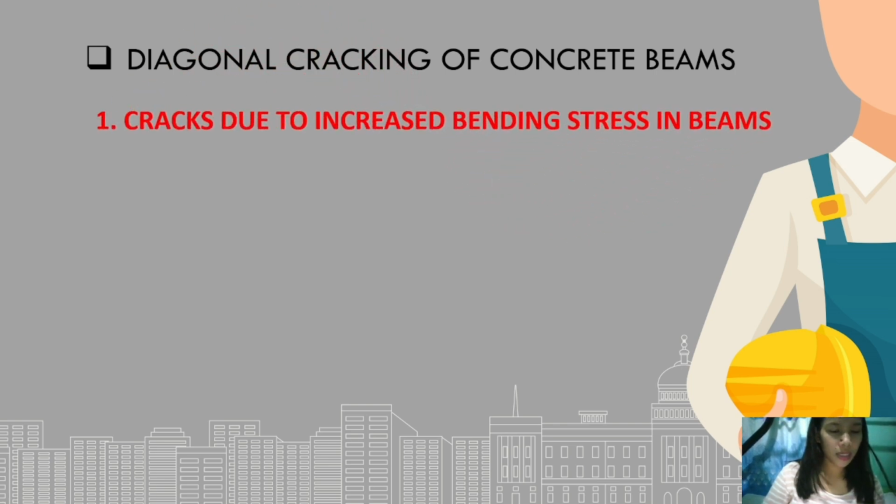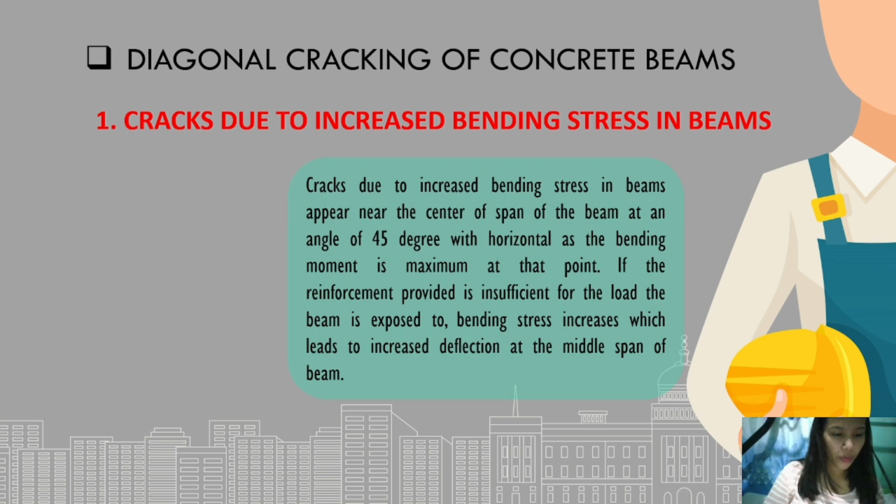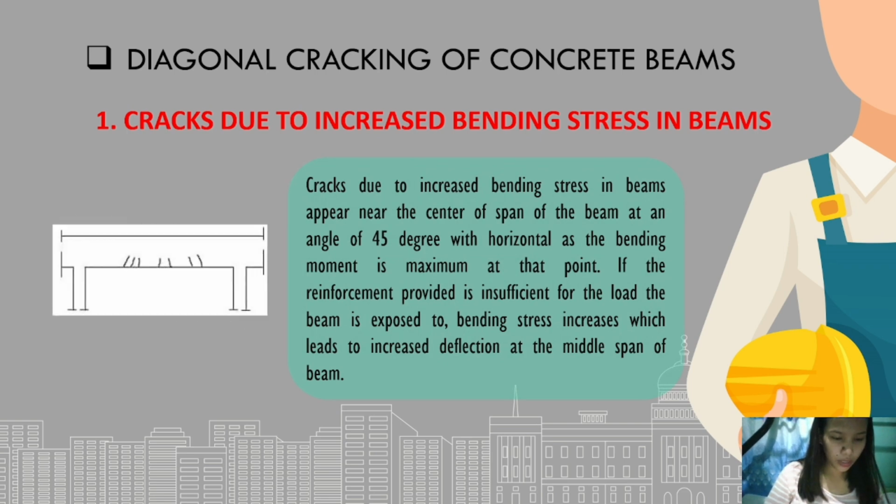And the next is cracks due to increase in bending stress in the beam. Cracks due to increased bending stress in the beams appear near the center of the span of the beam at an angle of 45 degrees with the horizontal, as the bending moment is maximum at that point.